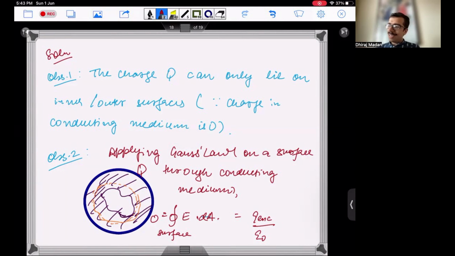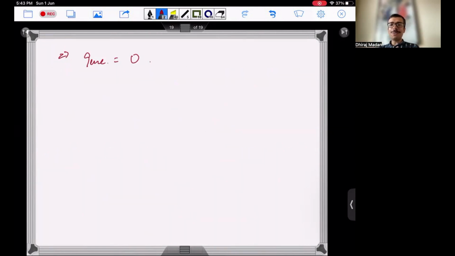We know that the total charge on the inner surface is 0. But the question is, is it possible that zero charge can have some parts which are negatively charged and some parts which are positively charged on the inner surface, such that the net charge is 0? That's the question.